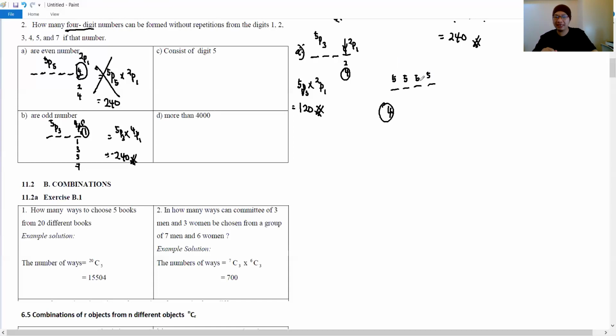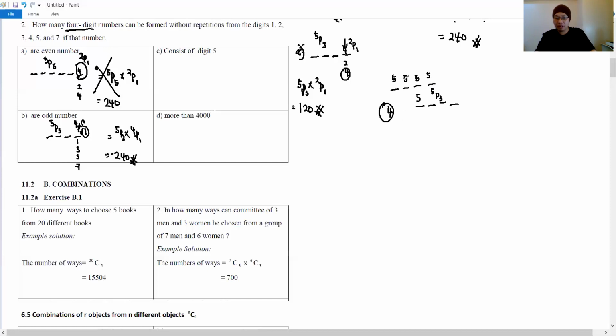All right guys, so let's say I put 5 here, and then we got 3 places available. Now when I take out 5, the available numbers in our pool will be 1, 2, 3, 4, and 7. So 5 digits there. So 5P3.